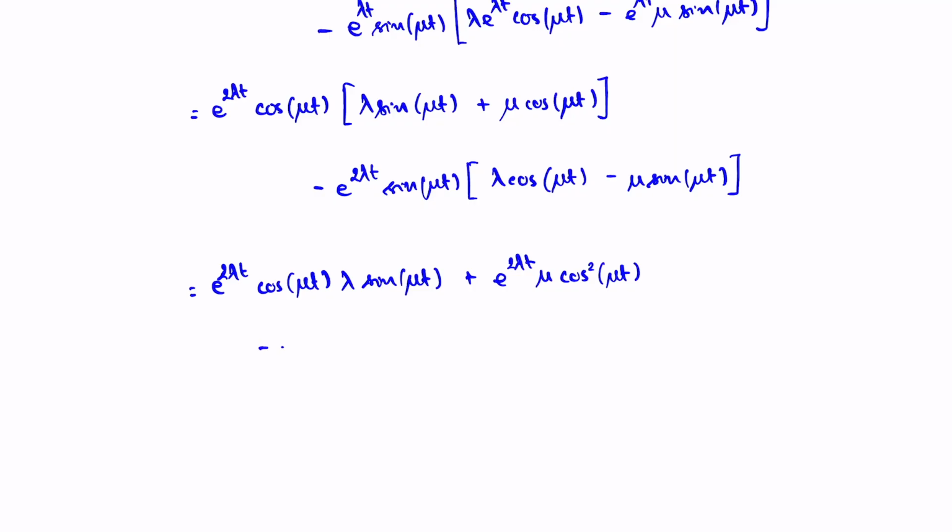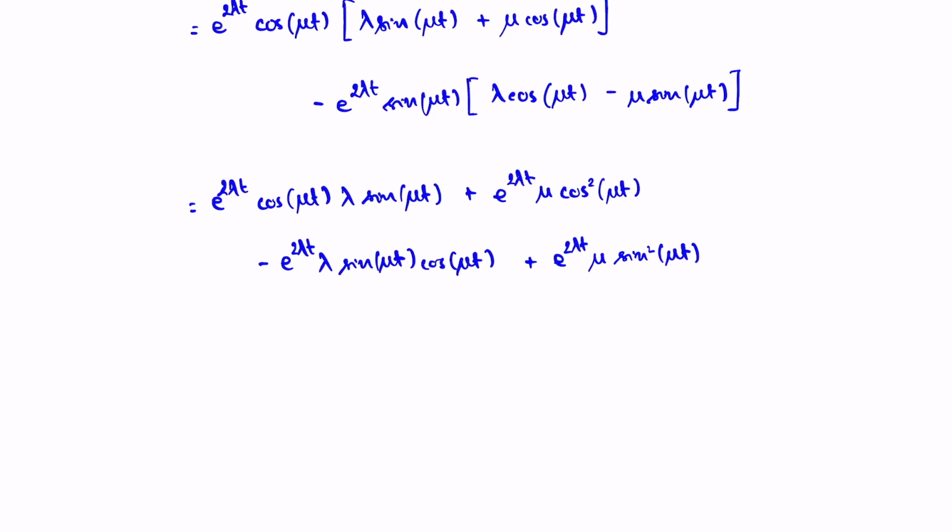You get negative e to the 2 lambda t times lambda times psi of mu t times cosine of mu t, and then plus, because negative with negative becomes positive, e to the 2 lambda t times mu times psi square of mu t. Okay, so you can do some cancellations here.